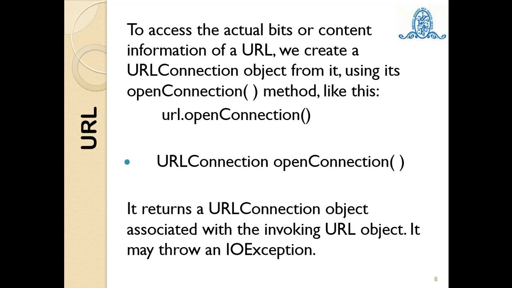It returns the URLConnection object and it opens the connection with the URL. Using this URLConnection object, we can read the data, we can access the data of the URL. This openConnection method throws IOException.